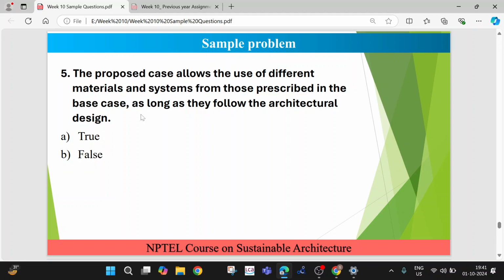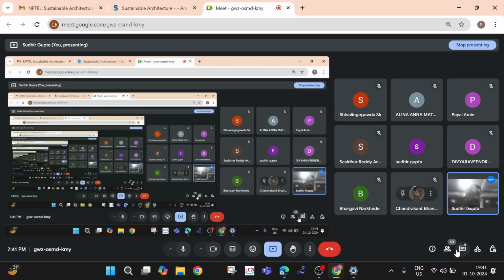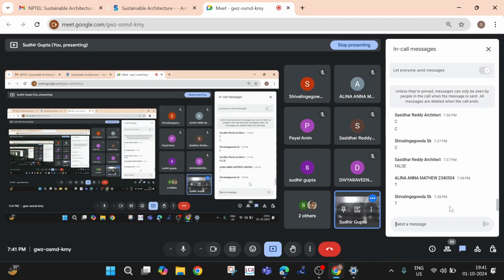If you are not changing, then how will you be proposing the new case or proposing the energy efficient case? So let's see how many of you can answer it correctly. Two persons are saying true. So the correct answer is true only.